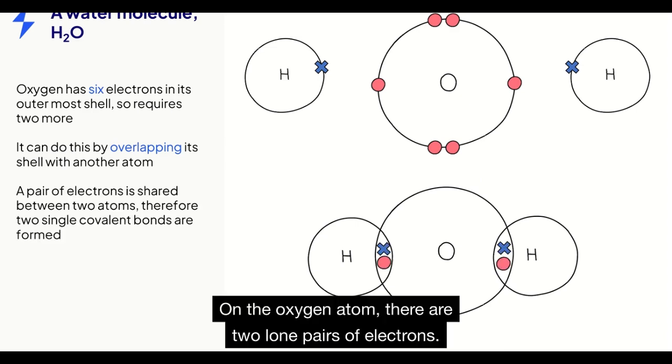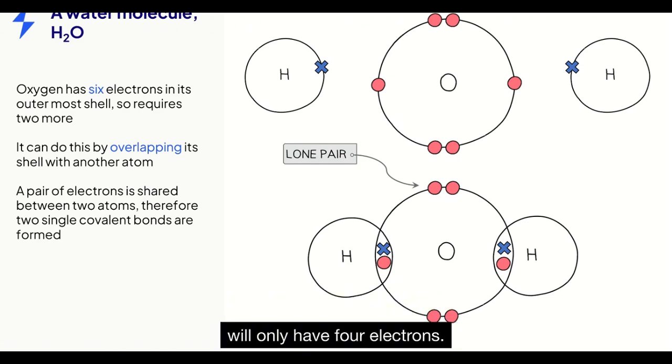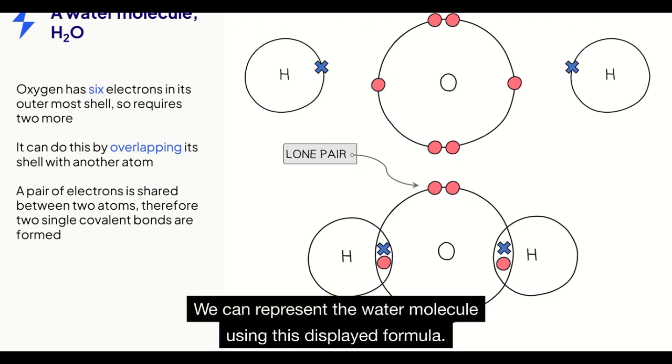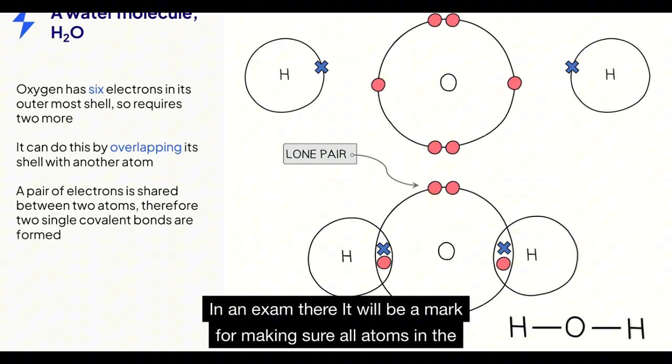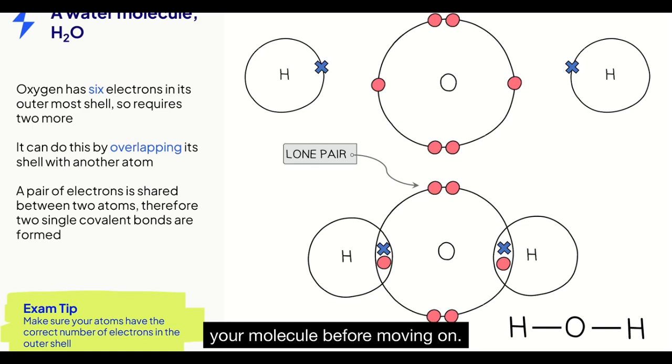On the oxygen atom, there are 2 lone pairs of electrons. Make sure you include these, as otherwise the oxygen atom will only have 4 electrons. We can represent the water molecule using this displayed formula. In an exam, there will be a mark for making sure all atoms in the molecule have the correct number of electrons. So make sure you double check your molecule before moving on.